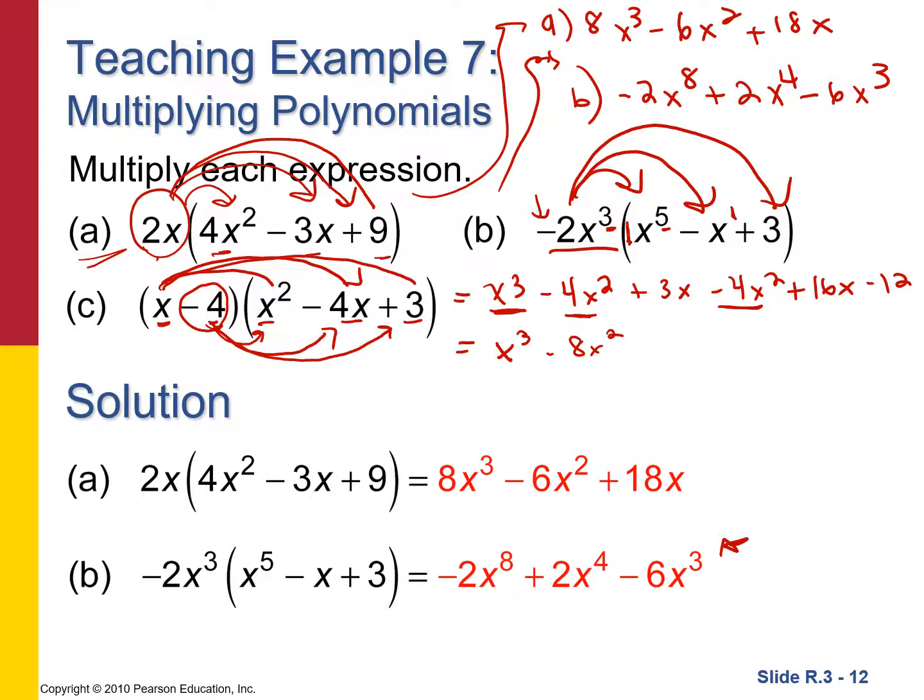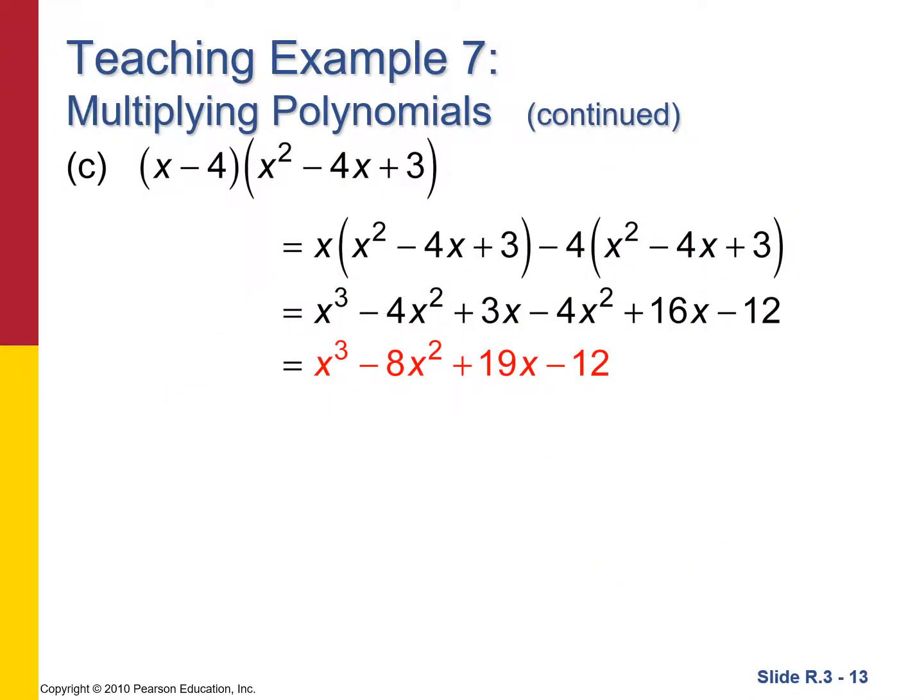Okay, so now let's do x. Let's just move down the line. There's a plus 3x and a plus 16x. That becomes 19x. And then last but not least is minus 12. So let's see if this is what they got. It is.